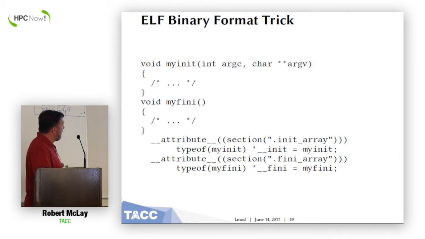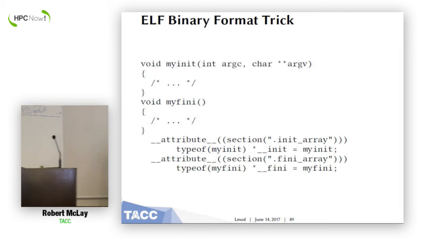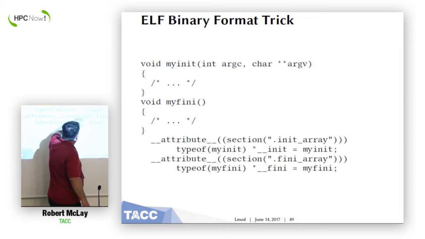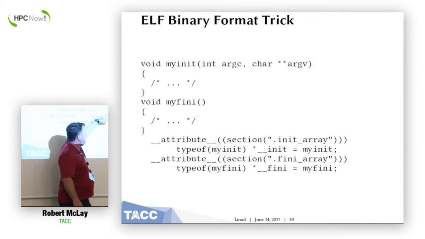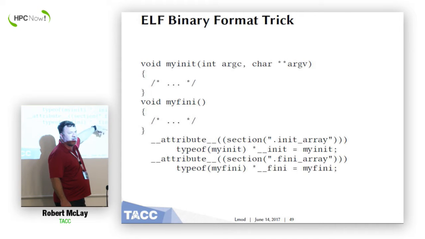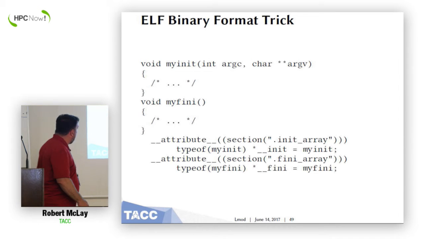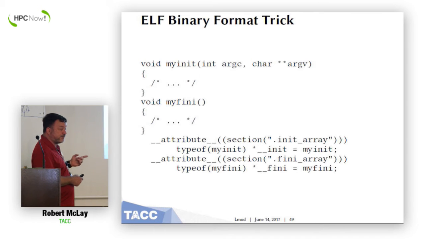The cool thing is that these 2 arrays are built into ELF, and you can add things to them. So you can have code like this, and you can add it to this array, and it gets called. The init array gets called before main executes, and all the functions in the fini array get called after main completes, assuming you get that far. And so this is nice.